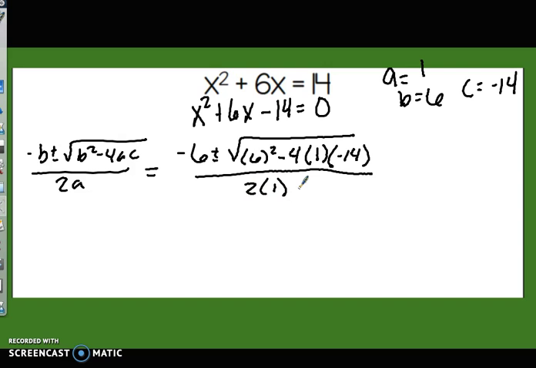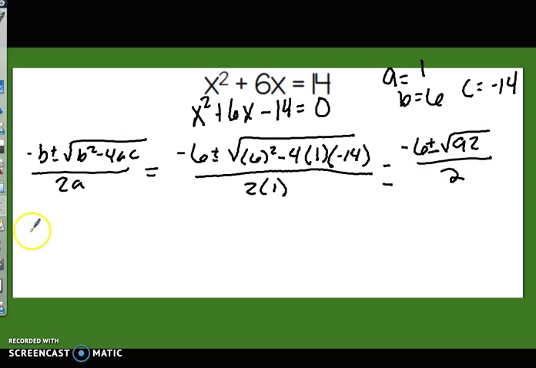Alright, so I'm going to type 6 squared minus 4 times 1 times negative 14 into my calculator. What do I get? 92. So negative 6 plus or minus the square root of 92 over 2.